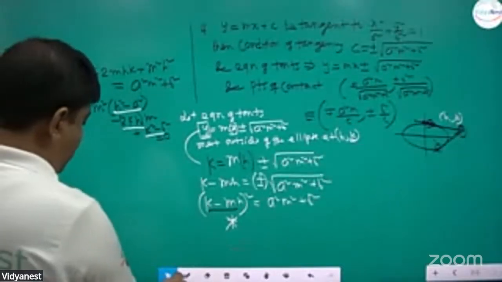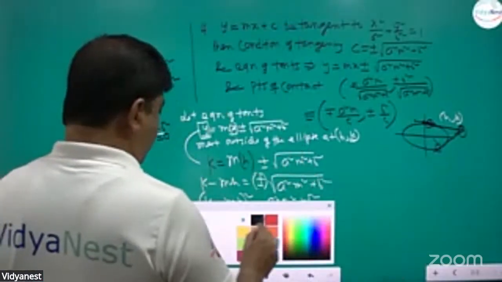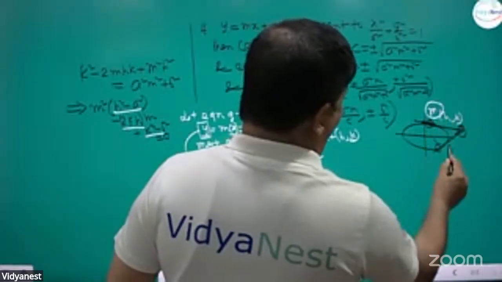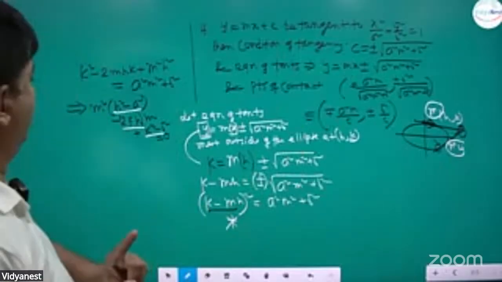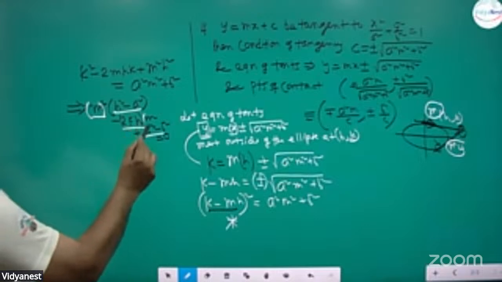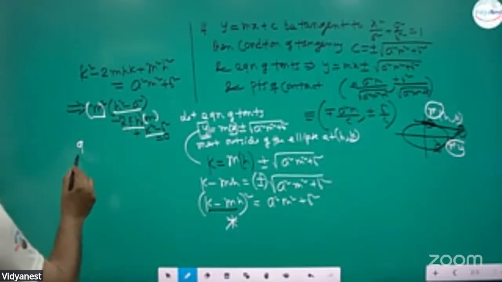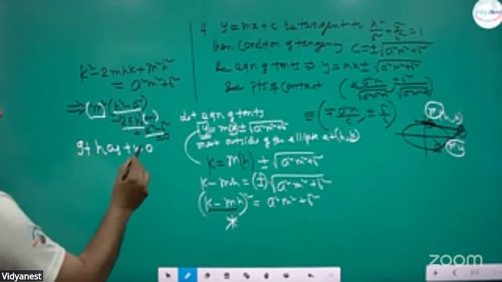From an external point two tangents can be drawn. So they have two roots. One is m1, m2, two slopes, two lines, two slopes. So it is a quadratic equation in m, not in x. So it has two roots.